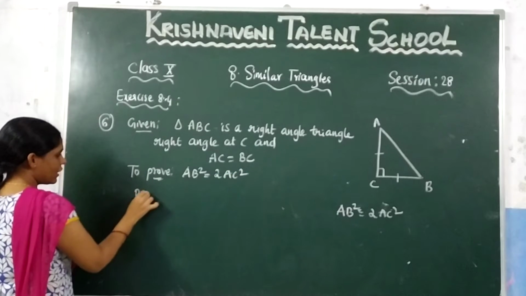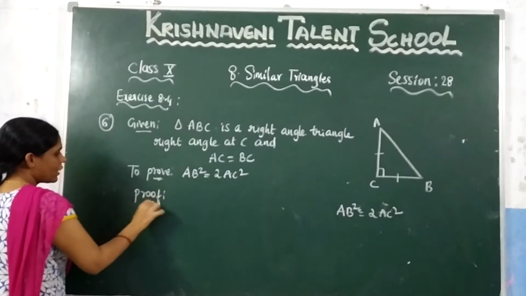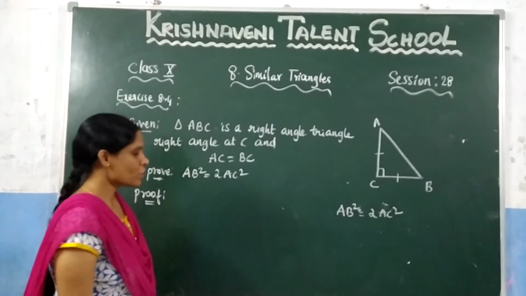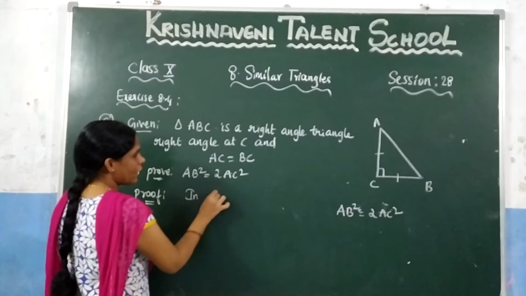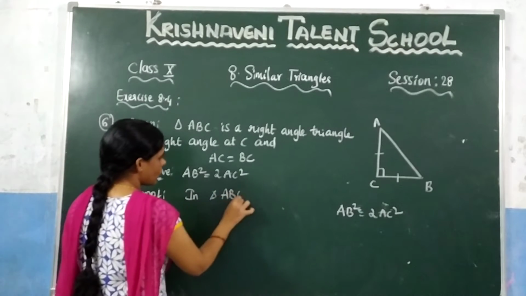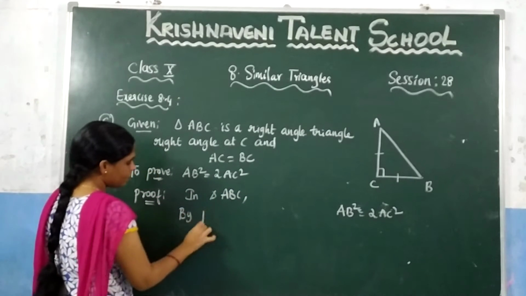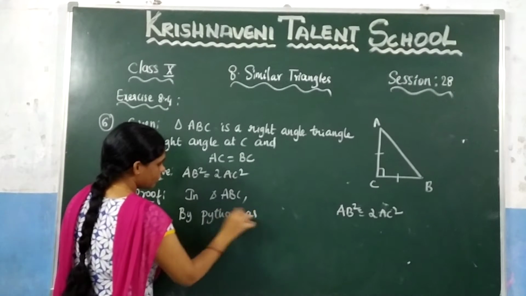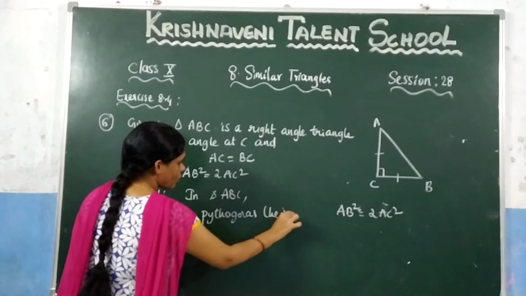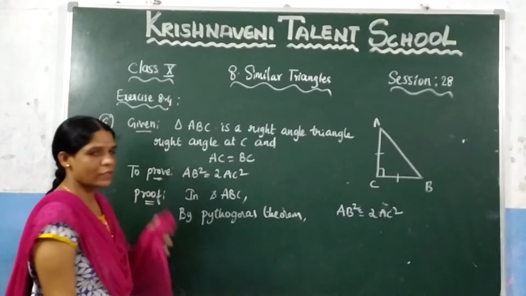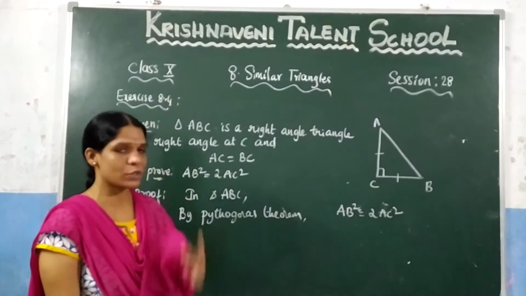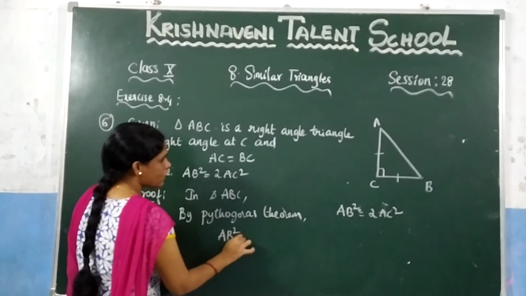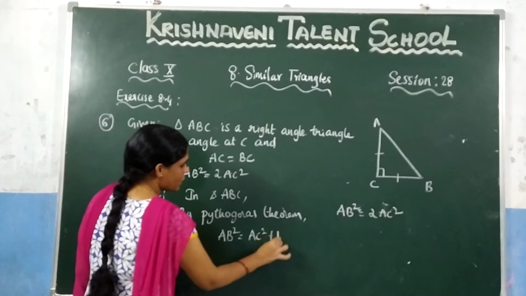So the proof is very easy, right? Clearly it is a right angle triangle, so you can apply the Pythagoras theorem. So write it here, in triangle ABC by Pythagoras theorem, what you know, the hypotenuse square is equal to the sum of the squares of the other two sides. So the hypotenuse in this case is AB. AB square is equal to AC square plus BC square.